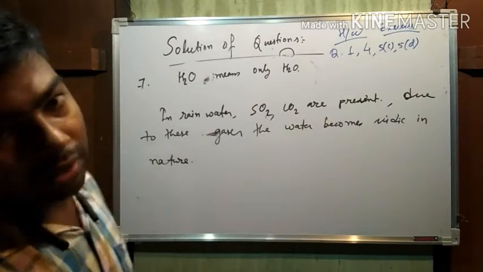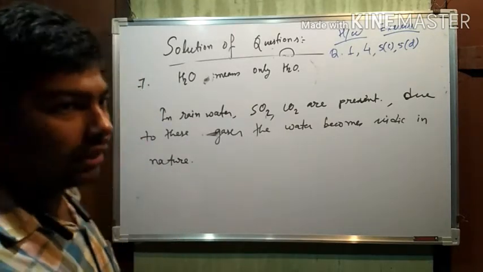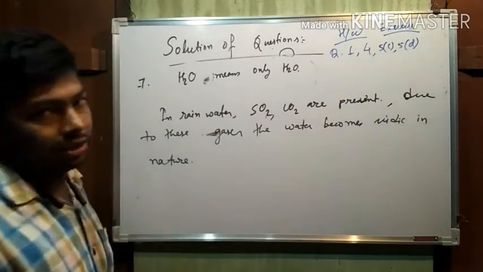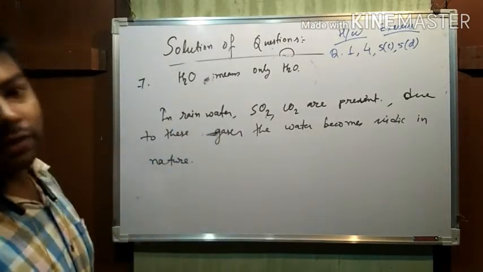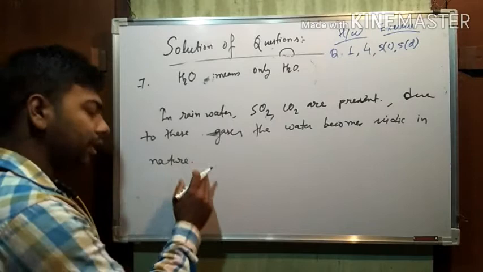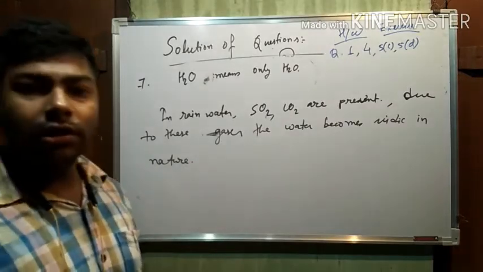As we learned in class 9 about acid rain, no? This is the main concept of acid rain. Now our rain becomes acidic. If it is acidic, then obviously it will conduct electricity.